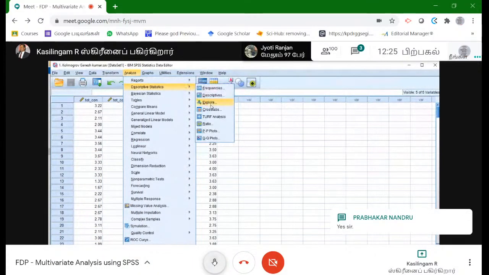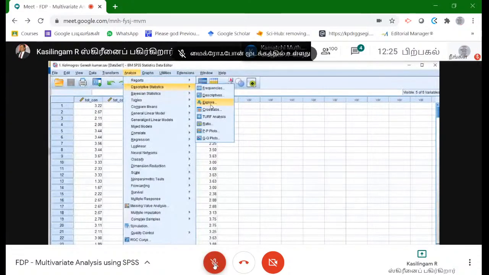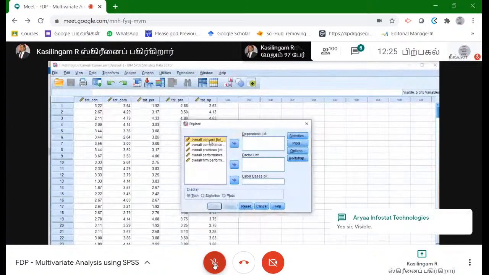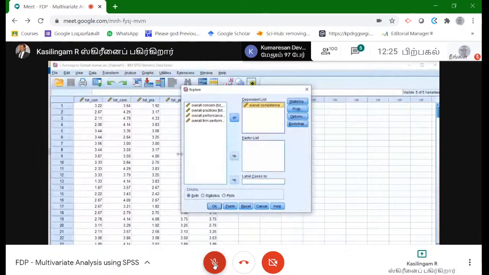Now see here what I am doing. Descriptive, Explore. In the Explore, let me put in the variable.